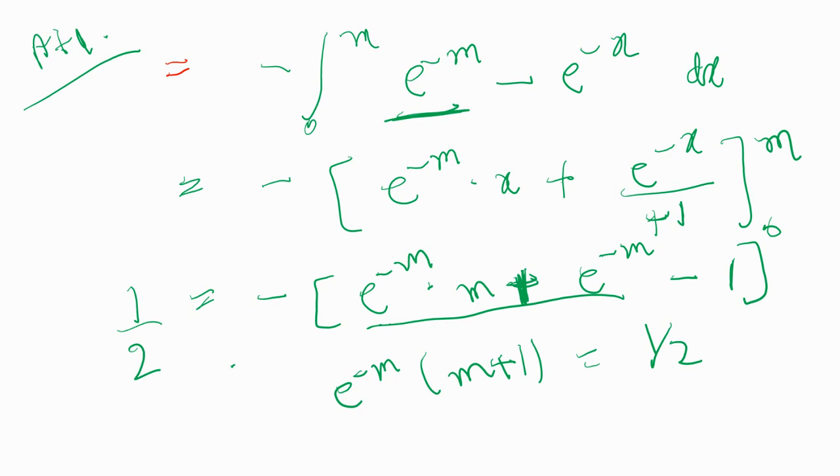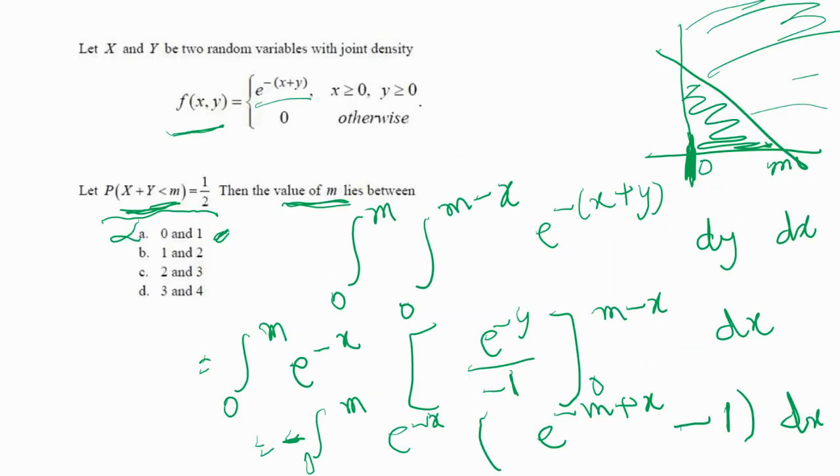So at 0 its value is 1, and at 1, m plus 1 will be 2, divided by e, and its value is 0.73. So now 1 by 2 is not in between 1 and 0.73. So this will not come.